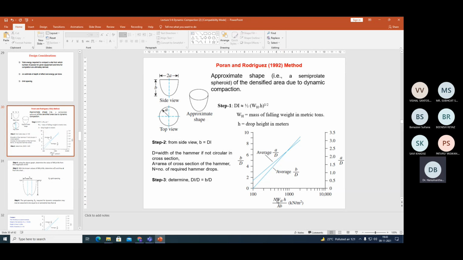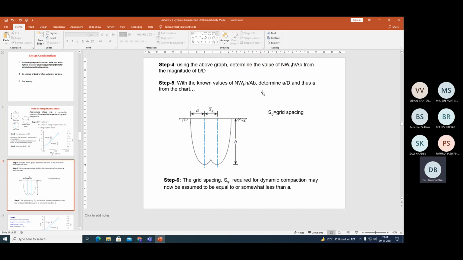From that, once it is fixed, then again recalculate NWH by AB. Corresponding to that value, draw another vertical line onto another graph of A by D. So for the calculated value of NWH by AB, pick up the value of the A by D from the right side ordinate.